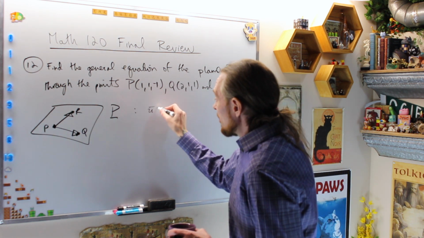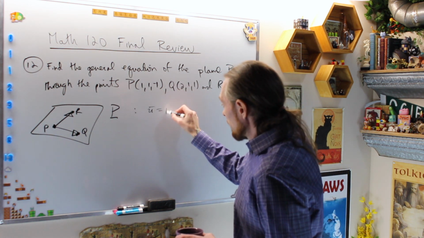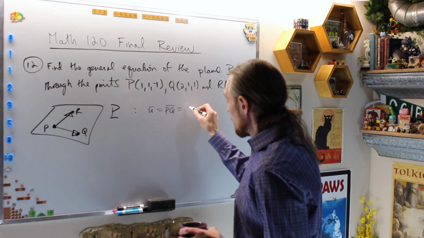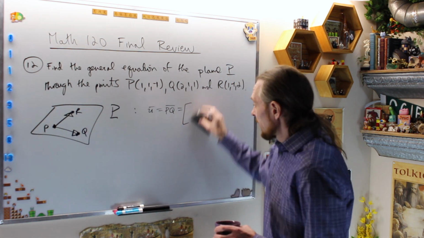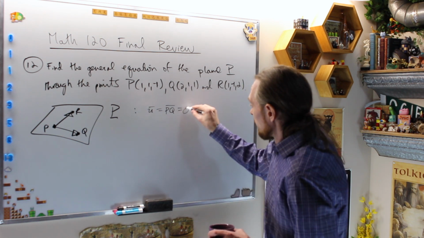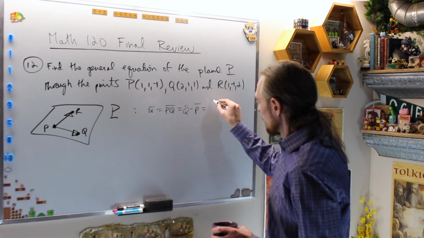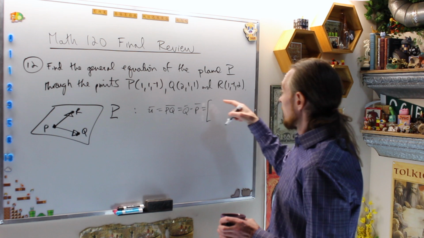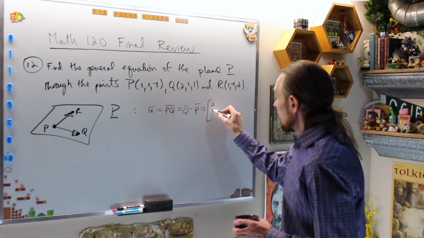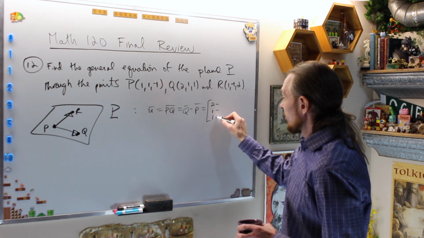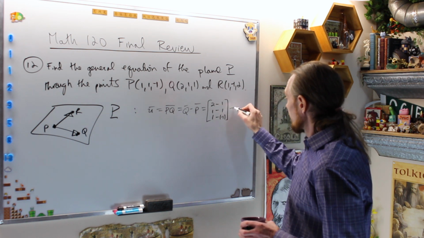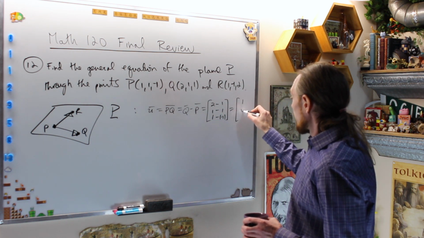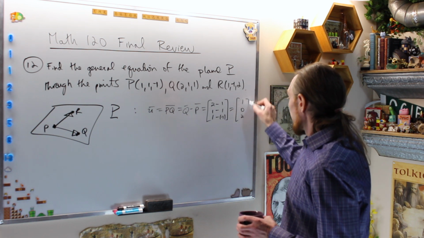This says U is equal to PQ, which is equal to Q minus P as vectors, which is equal to Q, which is 2, 1, 1, minus 1, 1, minus 1. So this equals the vector 1, 0, 2.